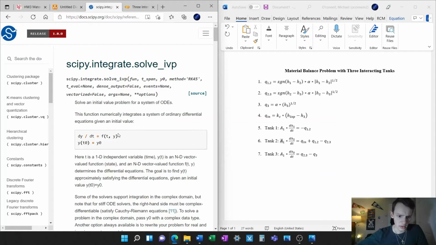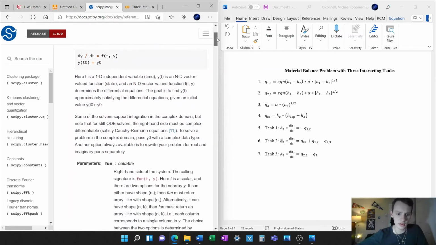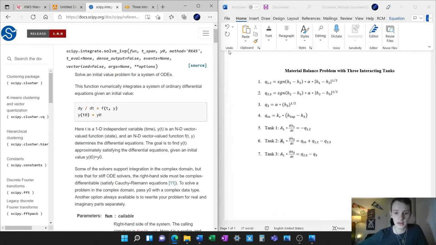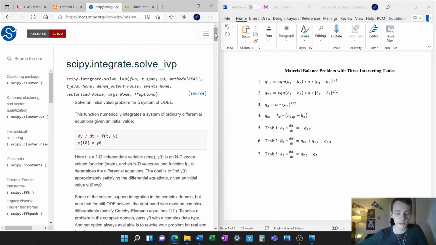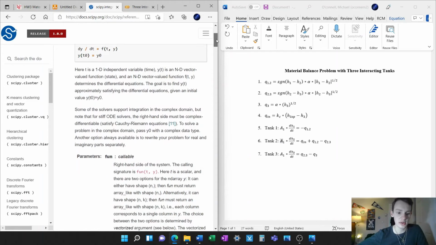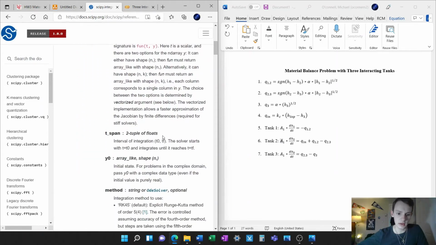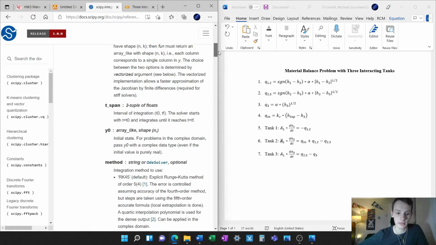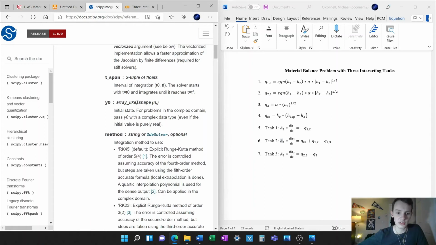The first important thing to note here is that we have our dy/dt set equal to our function, which takes in time, t, so some sort of independent variable first, and then your dependent variable. And this time is going to be a tuple, so starting from your initial time to the final time that you specify.